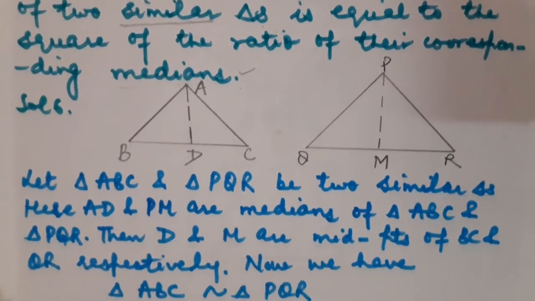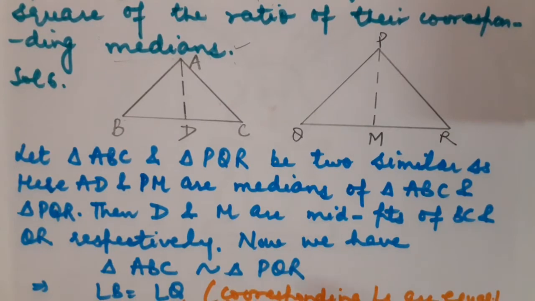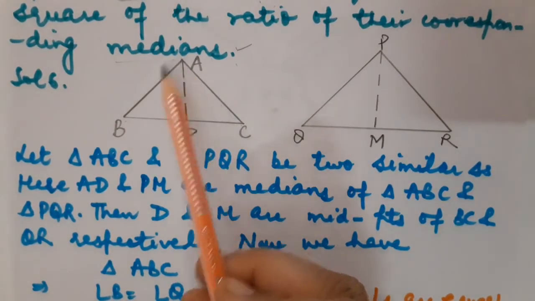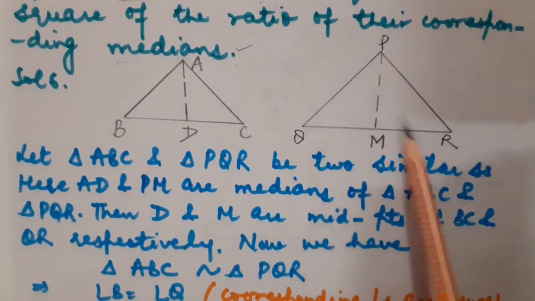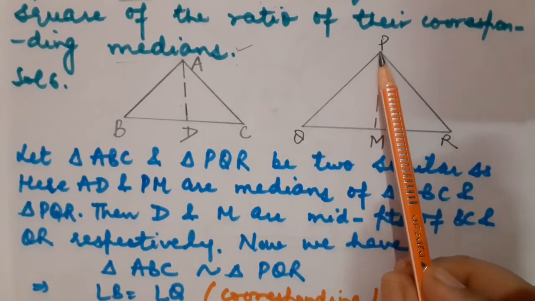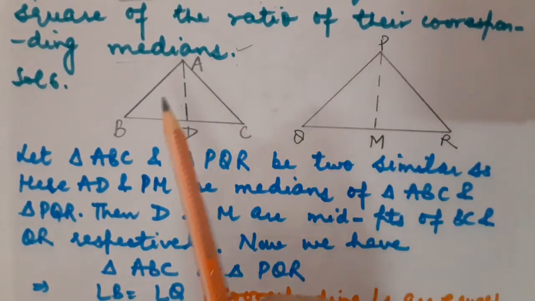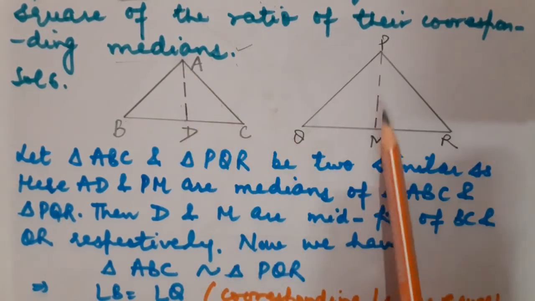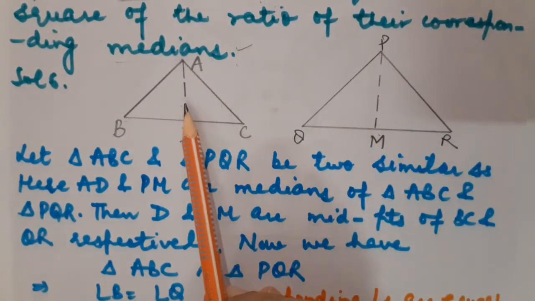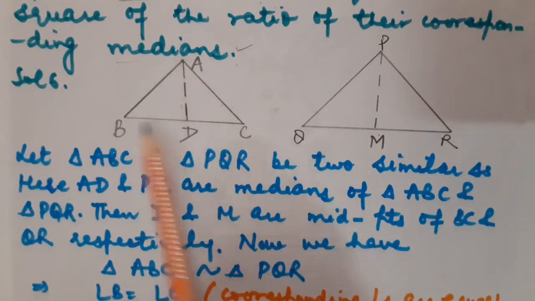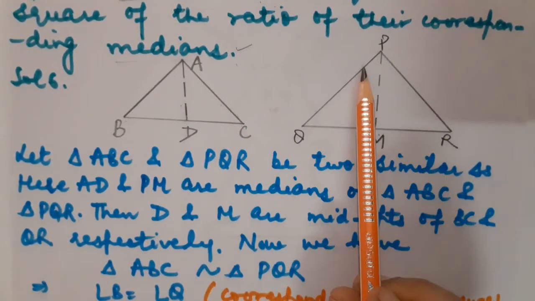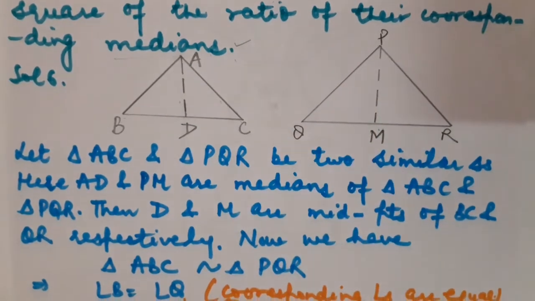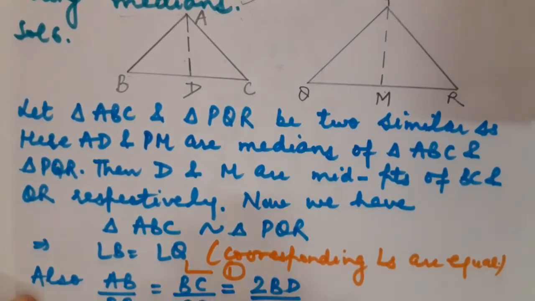So now what we have to prove in this question? We have to prove that the ratio of the area of triangle ABC to the area of triangle PQR is equal to AD upon PM whole square, because AD is the median for triangle ABC and PM is the median for triangle PQR. Okay, so let us start its solution.